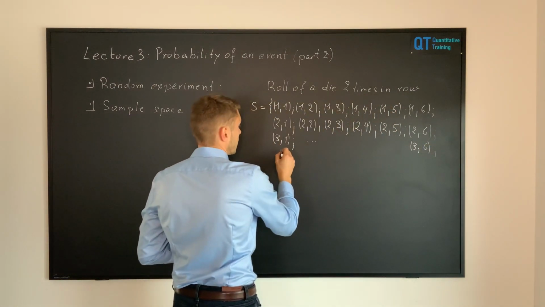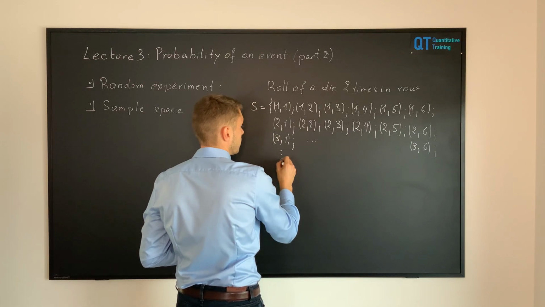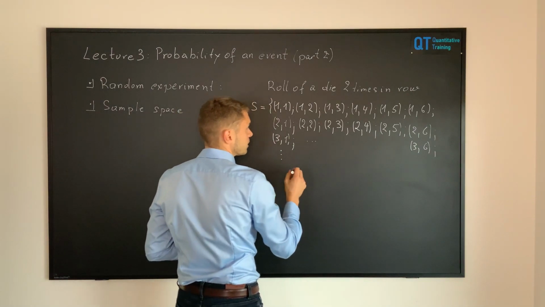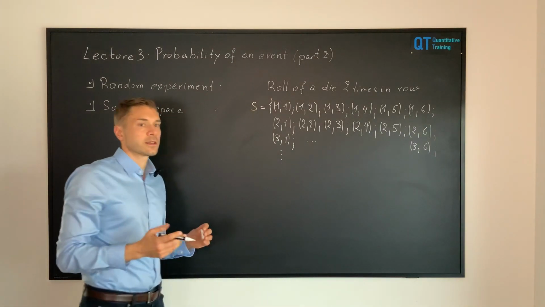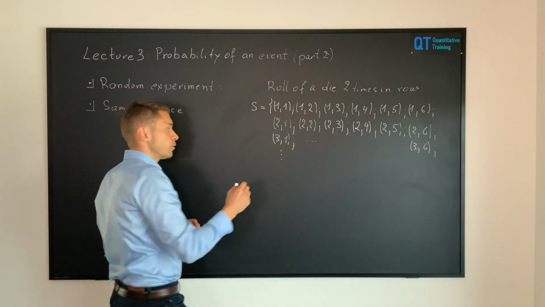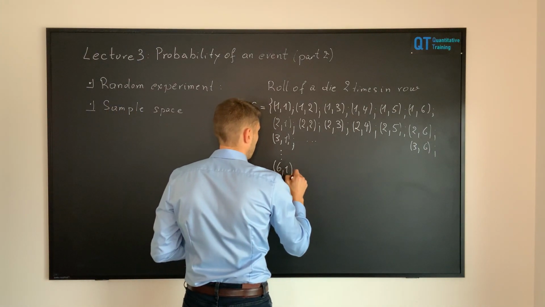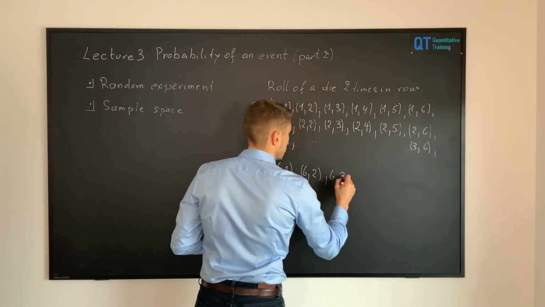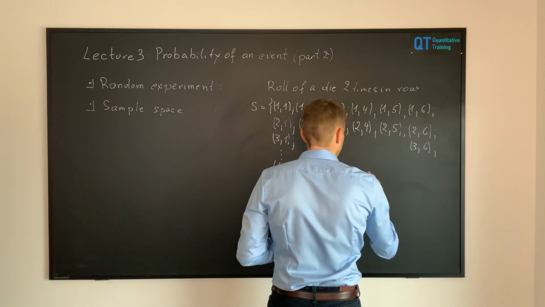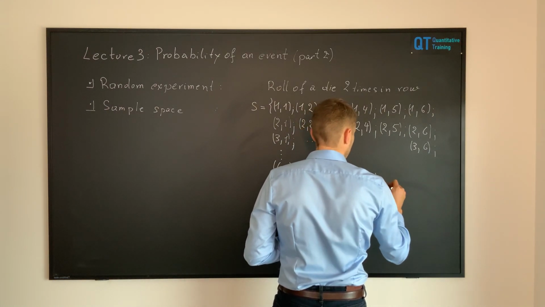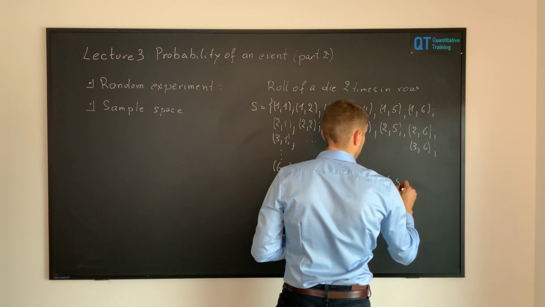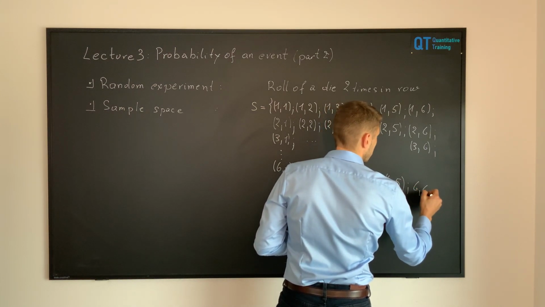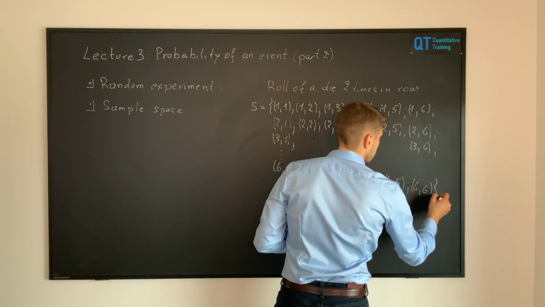The same thing we can have for 4 and for 5. I put 3 dots here and only write the last row, which would be a 6 and then a 1, 6, 2, 6, 3, 6, 4, 6, 5, and the 36th and last element of this sample space would be 6, 6.